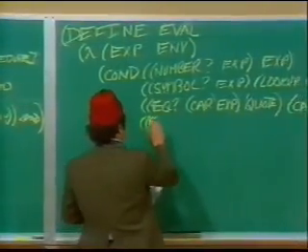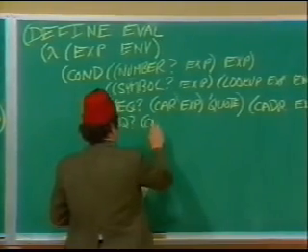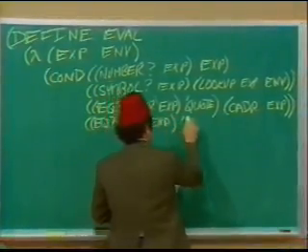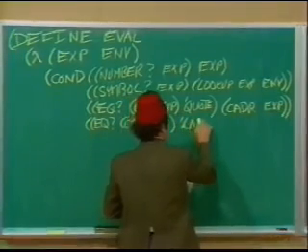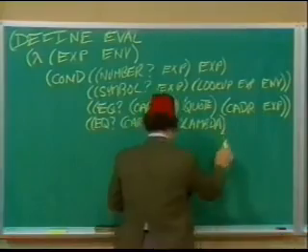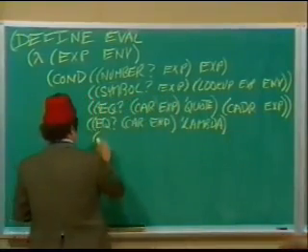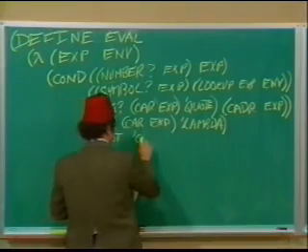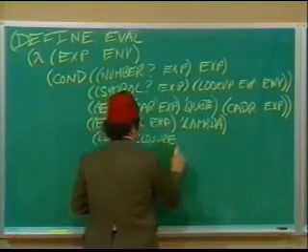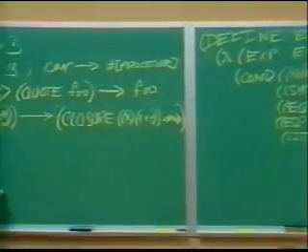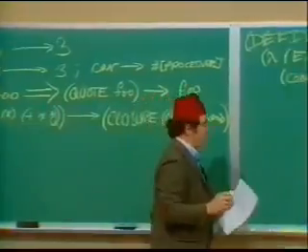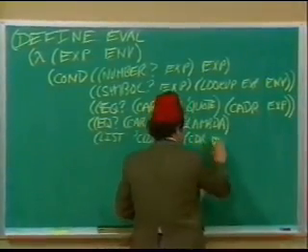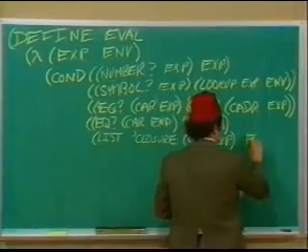So if the car of the expression is, quote, lambda, then what I'm going to put here is I'm going to make a list of closure, the cdr of the procedure description, which is everything except the lambda, and the current environment.